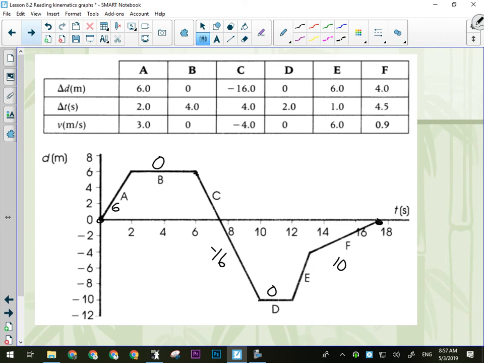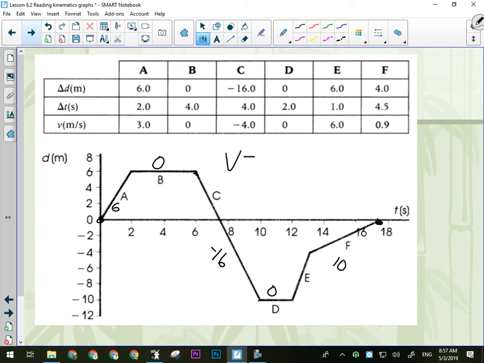Assuming the whole trip takes 18 seconds, what's the average speed of the object? Nope, it'd be less than that.